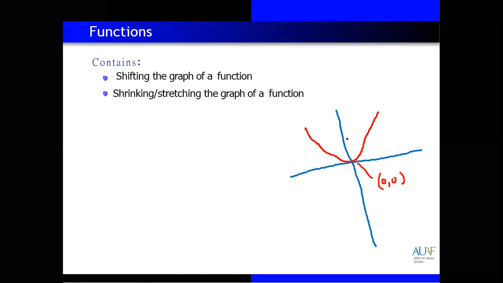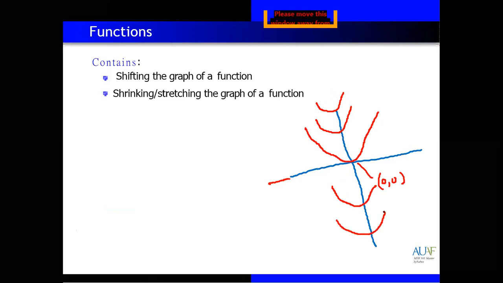I want to shift this graph upward, or if I want to shift the graph downward, vertically on the y-axis, horizontally on the x-axis. For example, I can shift the graph like this one, upward. I can shift the graph downward like this one. These are vertical, shifting the graph vertically. And how can we shift the graph horizontally?